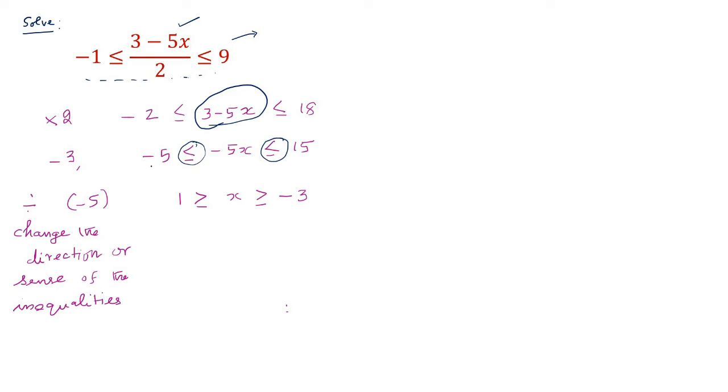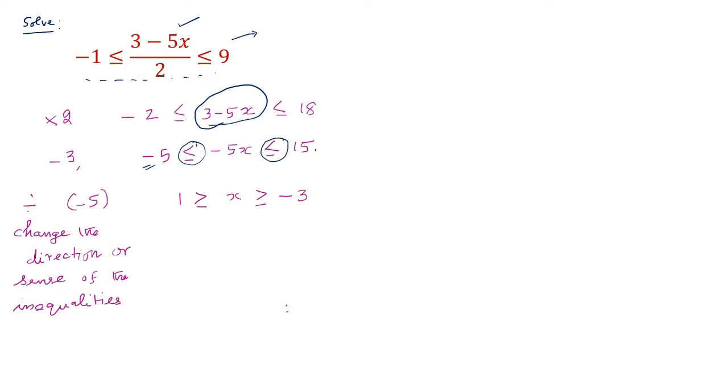See here, when you divide this by minus 5, you will get 1. This less than or equal to should change into greater than or equal to because you are dividing by a negative number. This one when you divide by minus 5 becomes x. This has to become greater than or equal to.